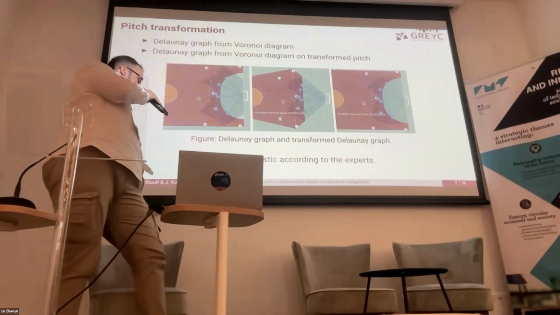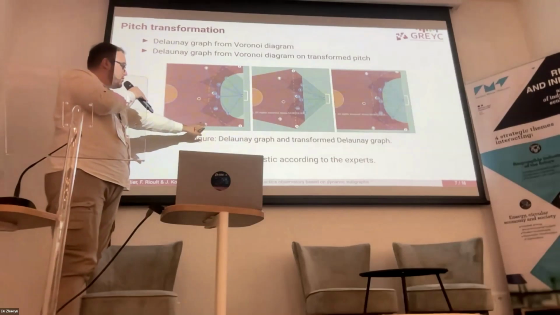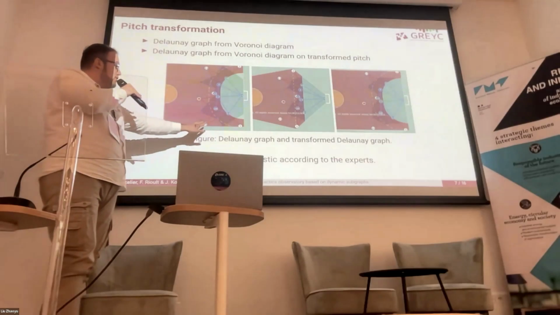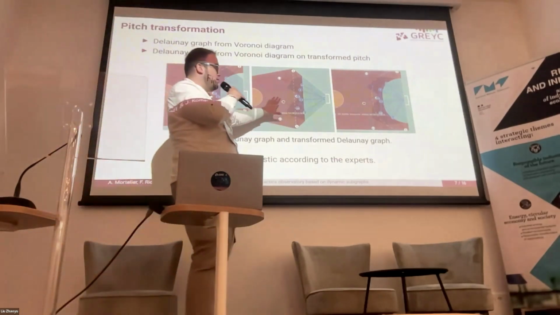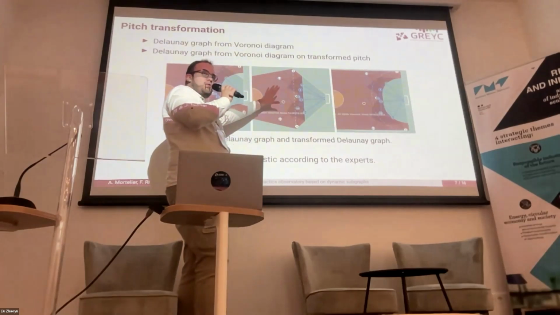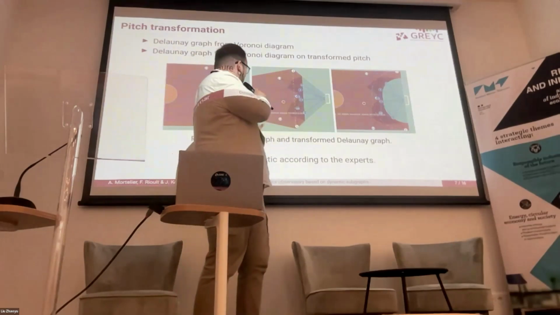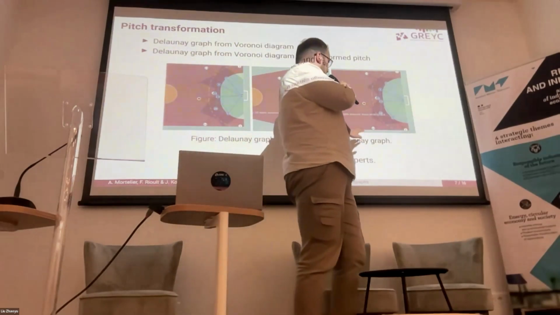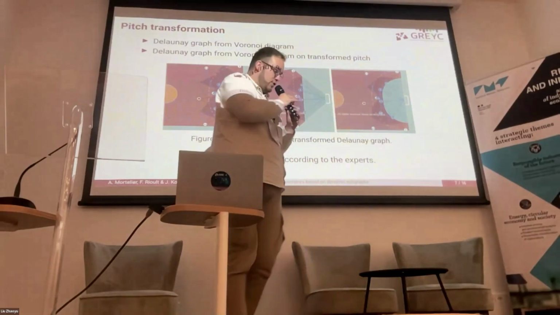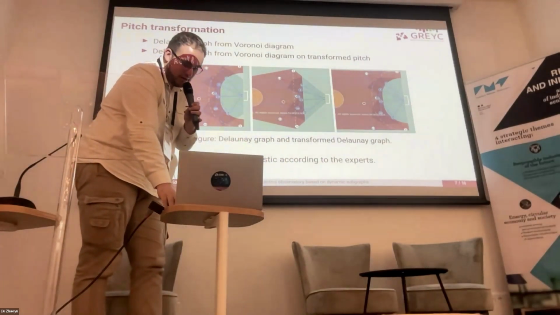As you can see, we don't have relation between wings, and according to the expert, we need to have them. So when we do the transformation, in this space we compute a new Voronoi, and we curve back to have the initial space, and we got new relations. As you can see, we got more relations on wings, and it's more realistic according to the expert.